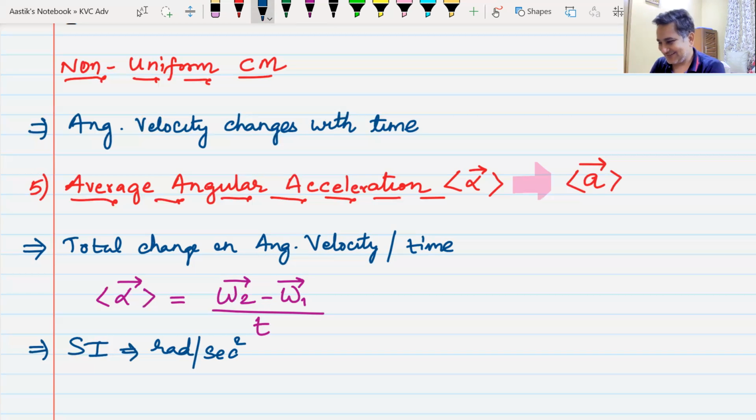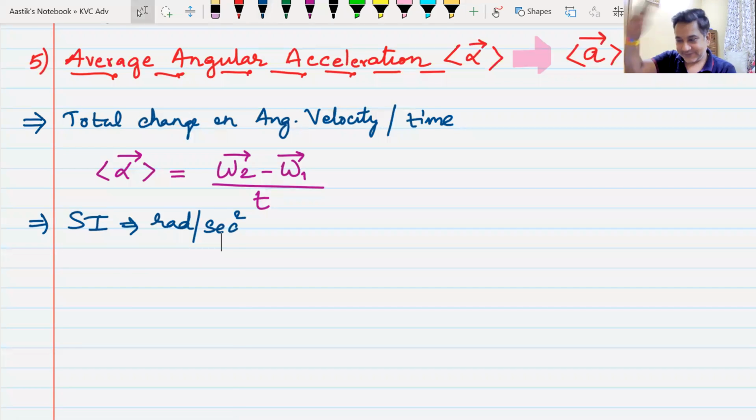You know this. Dimension? 1 by t square. Chalo. Everything is not lost. Something is there remaining. Good. What is the next term?